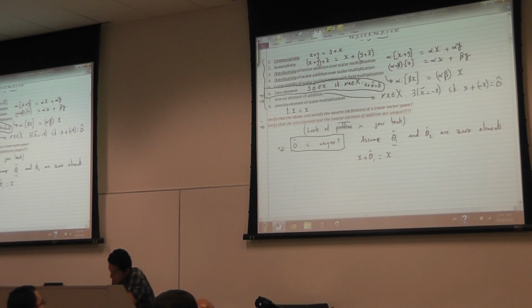Now I'm going to apply this to theta 1 and theta 2. Instead of x, I'm going to use theta 1, so theta 1 plus theta 2 equals theta 1. I also have x plus theta 2 equal to x, because I have 2 of them, so I'm going to use this for theta 2 as well.